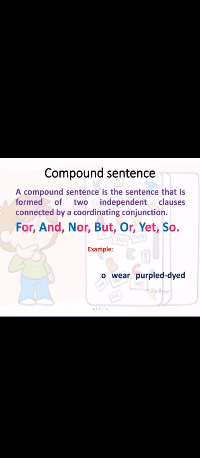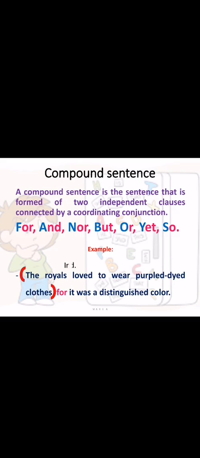Example: The royals loved to wear purple dyed clothes, for it was a distinguished color. It is two independent clauses connected by for.